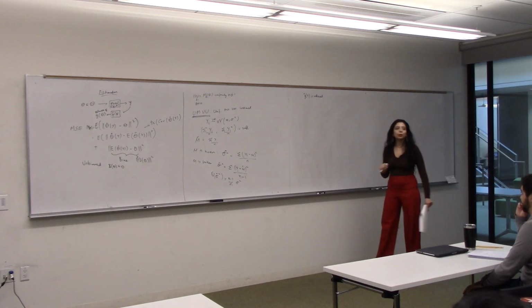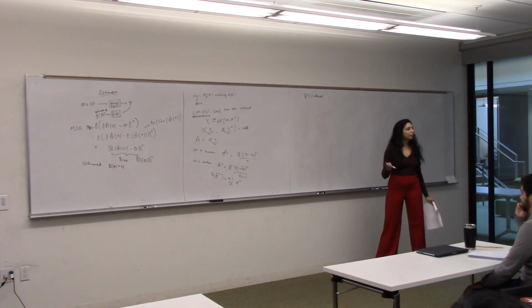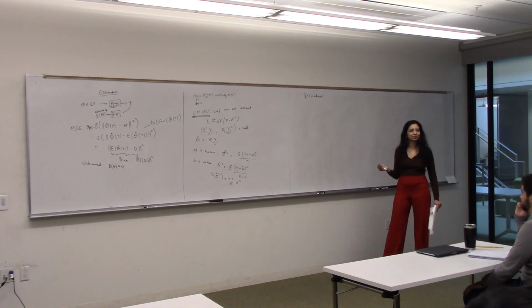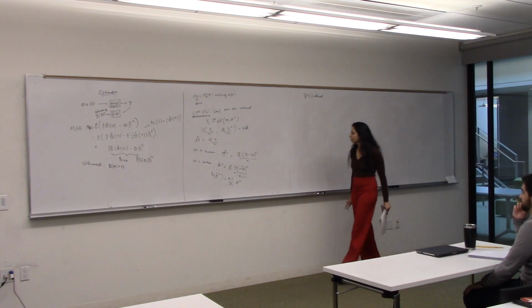So how can I reduce its variance further? Is there any intuitive way to reduce variance further, but still keep it unbiased? So there is one.